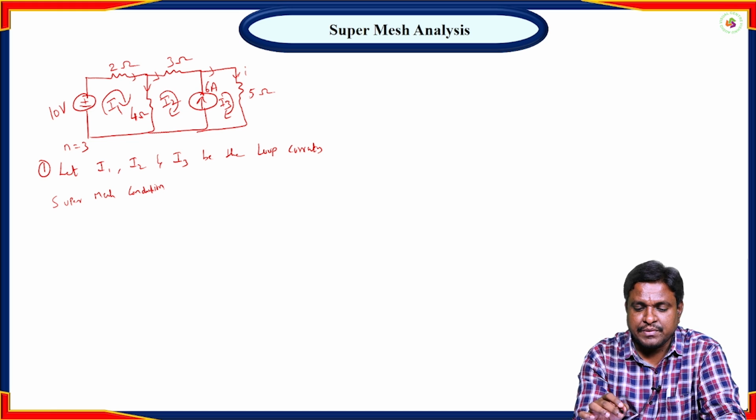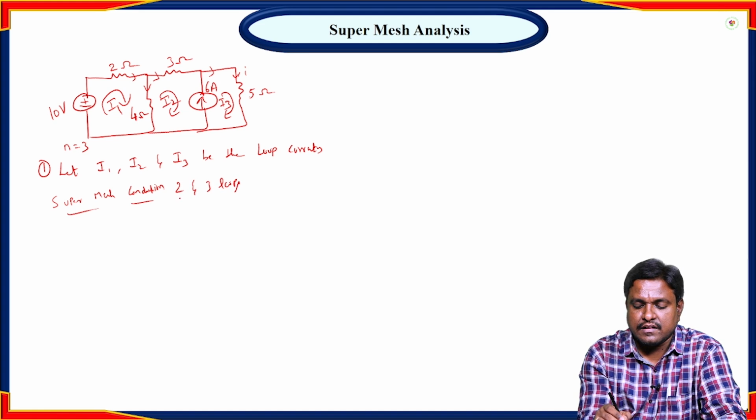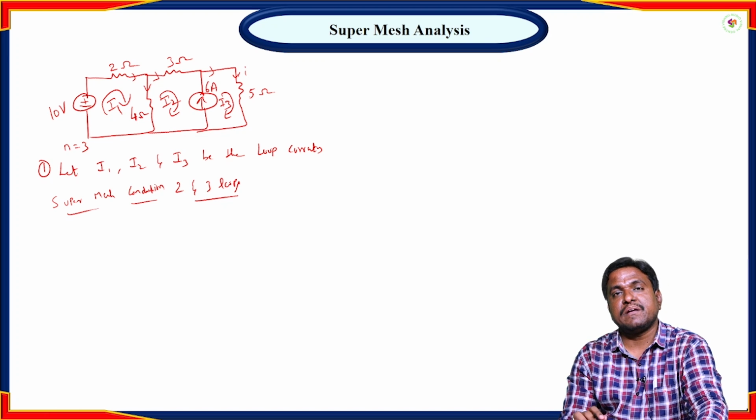Here we can see that we have a current source between loops 2 and 3. So the second and third loops are under super mesh condition.